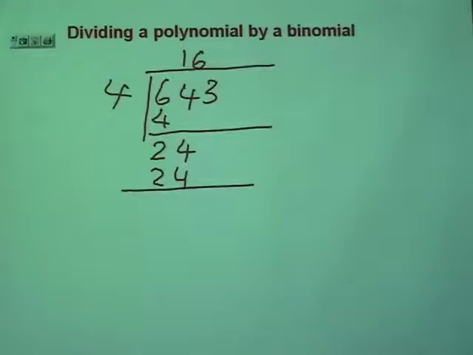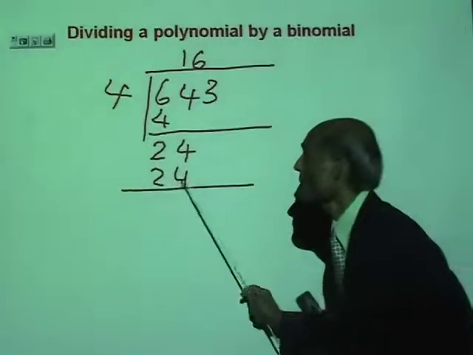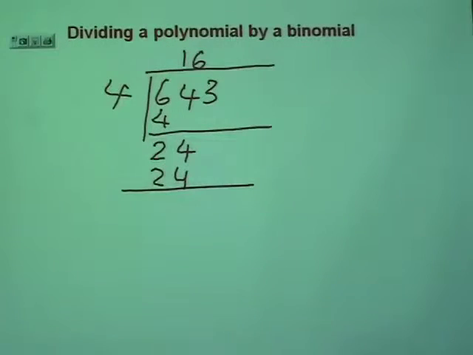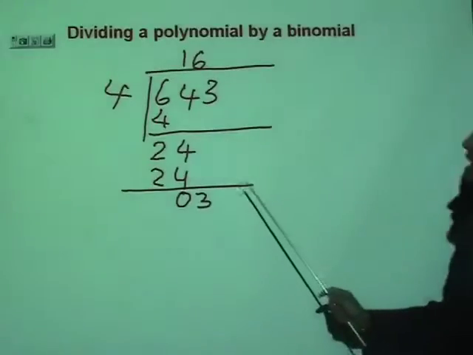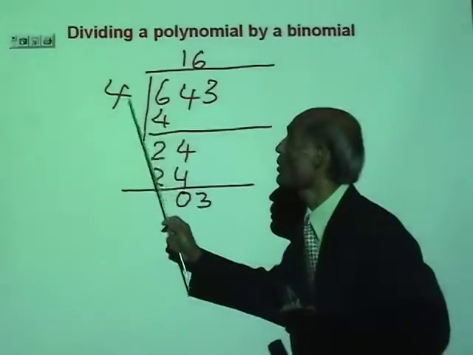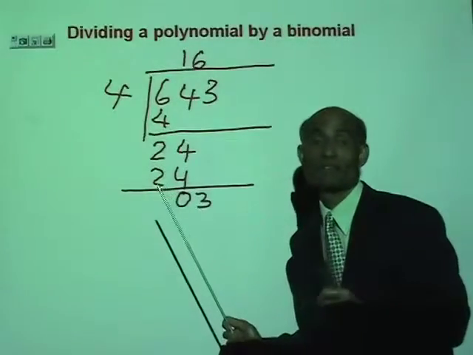Alright? And now subtract. 24 minus 24 is 0. So there you got 0. Bring down the 3. Well, we got a 3 now here. How many 4s will go in that 3?